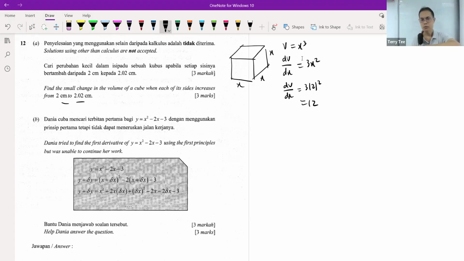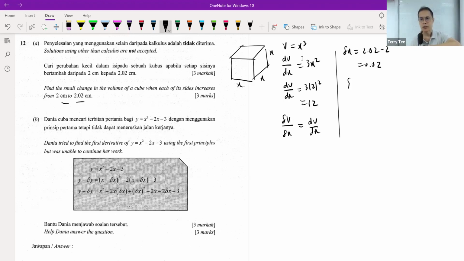Okay, so remember, the small change, maybe I write down the formula, delta V divided by delta x must give us dV/dx. What is your delta V? I don't know. I'm finding the change in the volume. I know my delta x. When you go from 2 to 2.02, we take the final minus initial, answer 0.02.